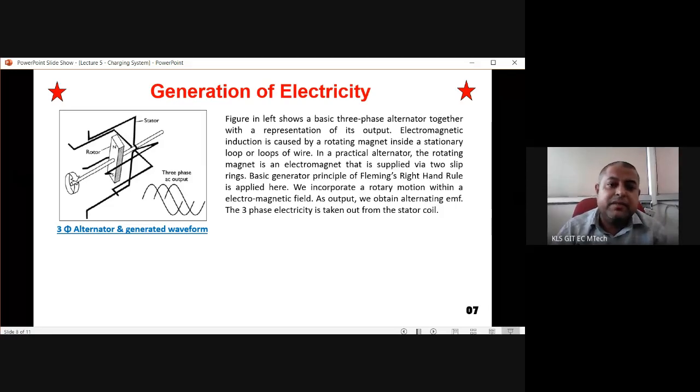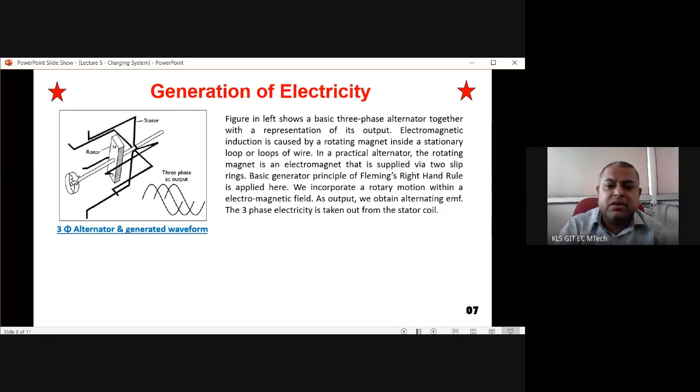So we are giving electricity for generating the electromagnet. That is the first input, and the second input is coming from the car engine, which is rotating. So rotational force is there, and through the electric supply, magnetomotive force is there. So when MMF is there and rotation is there, by Fleming's right hand rule, it will generate electricity. And the windings in the stator are done in such a way that it will generate three-phase electricity. Each phase is 120 degrees apart from each other.